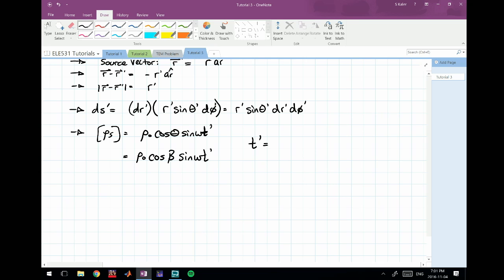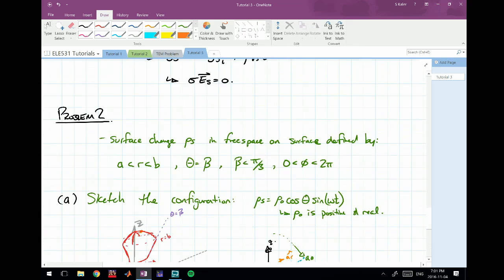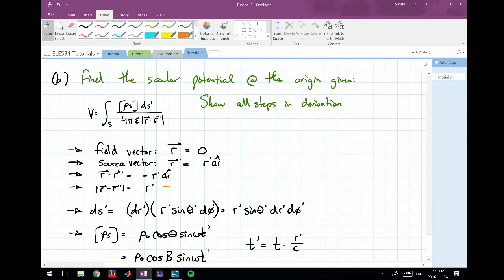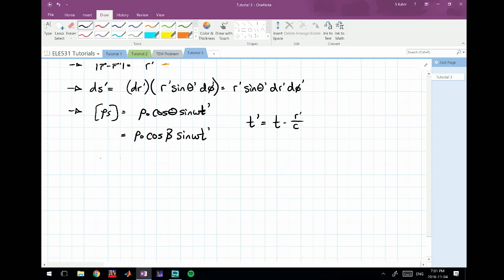So we have t prime equals t minus r prime over c, because I believe we're in free space. Yes, free space. So t prime is going to be that. So we have that rho s is rho naught cos beta sine omega t minus r prime over c.